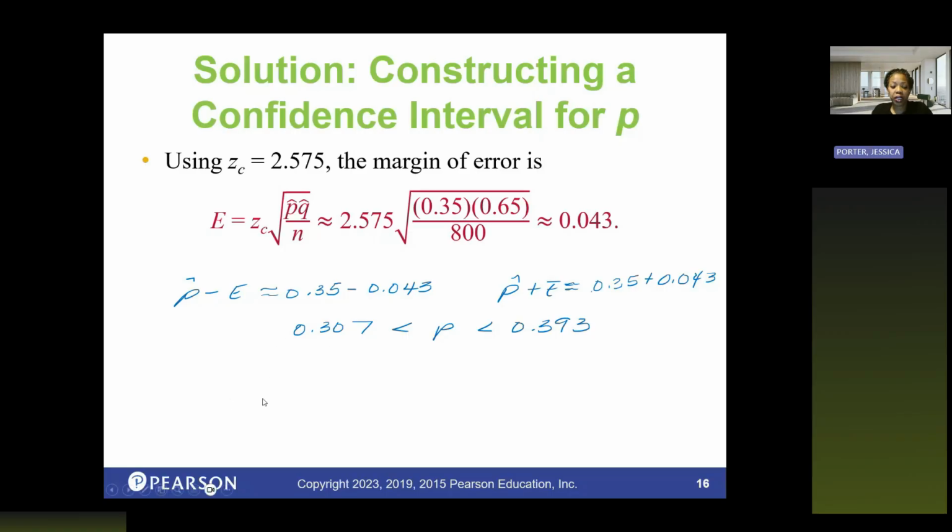So we can be 99% confident that, what was the problem situation? I forgot.